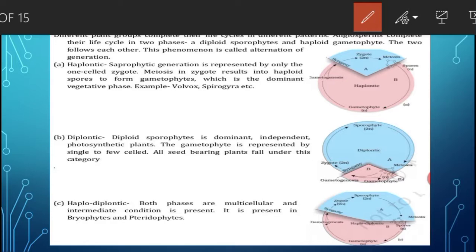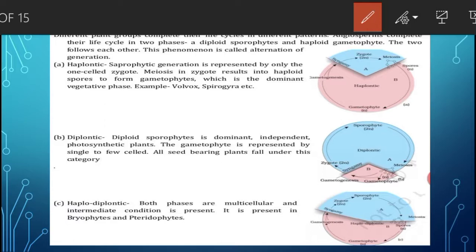Because of this feature, there is formation of different plant bodies, that is either a haploid plant body which has one set of chromosomes, or a diploid plant body which has 2 sets of chromosomes. The haploid plant body produces gametes by mitosis, again equational division, and this plant body is called the gametophyte.